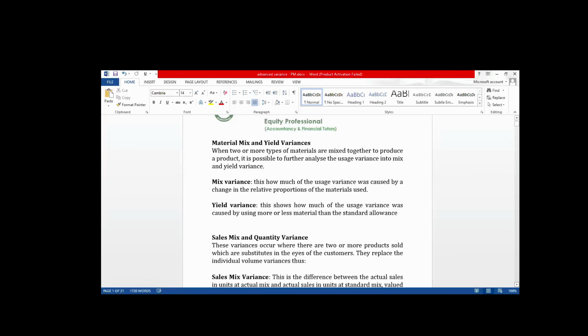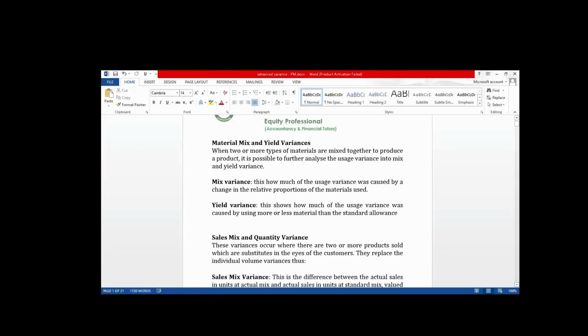Please note, you are going to be talking of material mix and material yield variance where two or more raw materials are used to produce a single product.